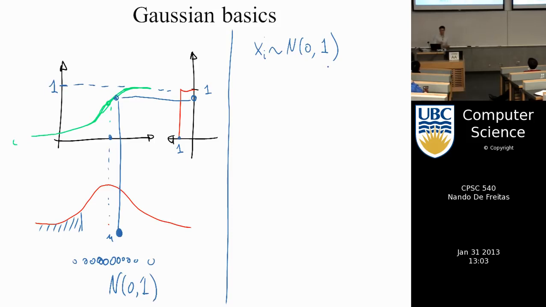Now, if I want to imagine something from a Gaussian that has mean, I don't know, mu and some variance sigma squared, what I will do is imagine a Gaussian that's 0, 1, because that's what I know how to do.